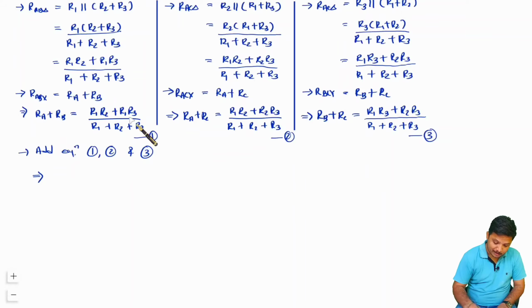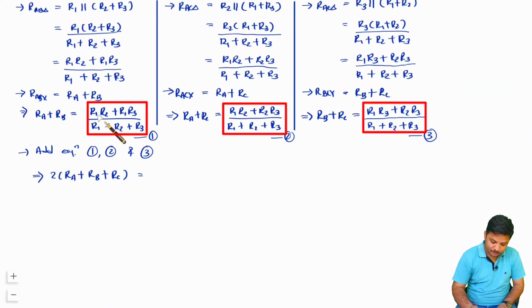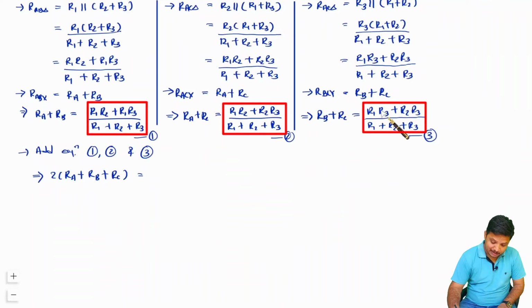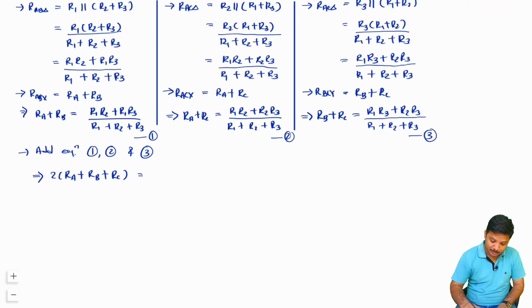If you add these 3 equations, then you see on the left hand side, it will be twice of RA plus RB plus RC. And on the right hand side, you see R1 R2 is appearing twice, R1 R3 is appearing twice, and R2 R3 is appearing twice.